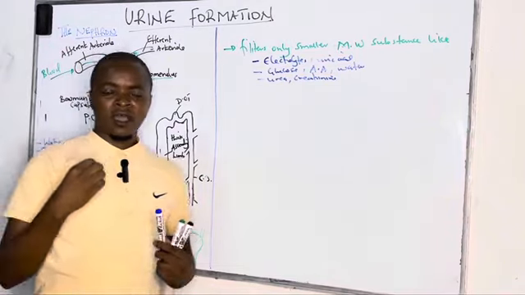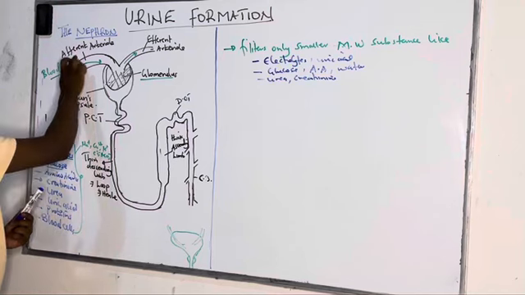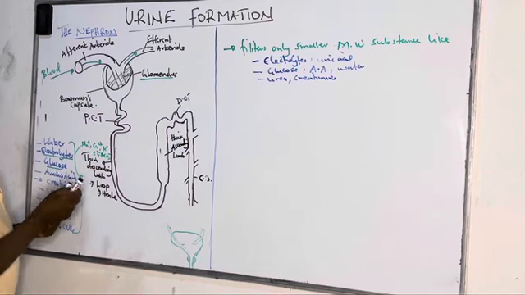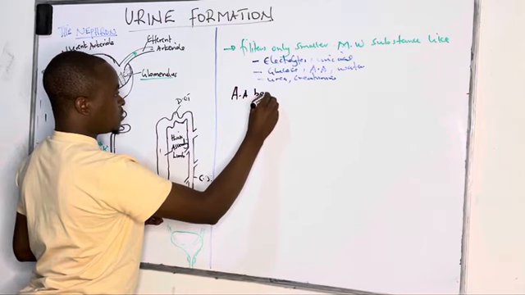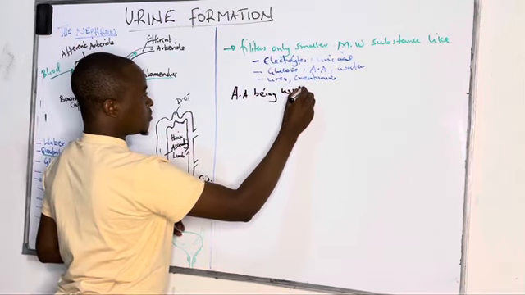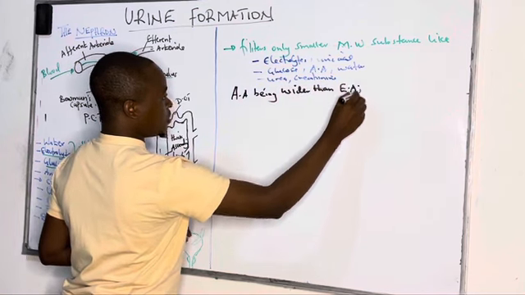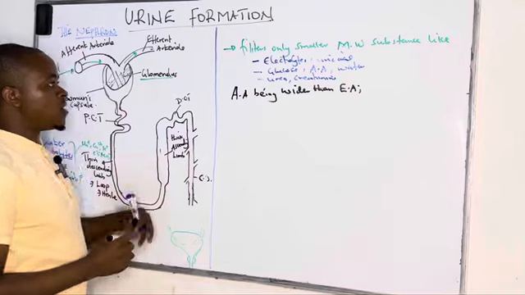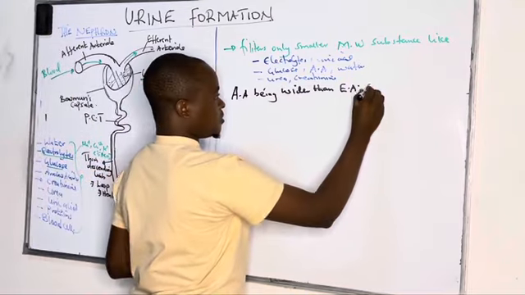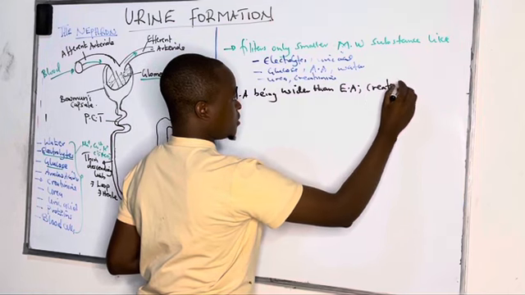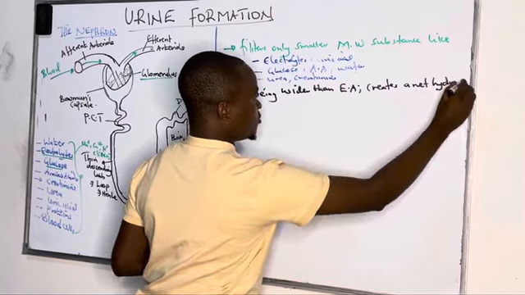And how are they filtered? We are saying that the afferent arteriole being wider than the efferent arteriole, this one, together with the proteins and the water in the blood, creates a net hydrostatic pressure.